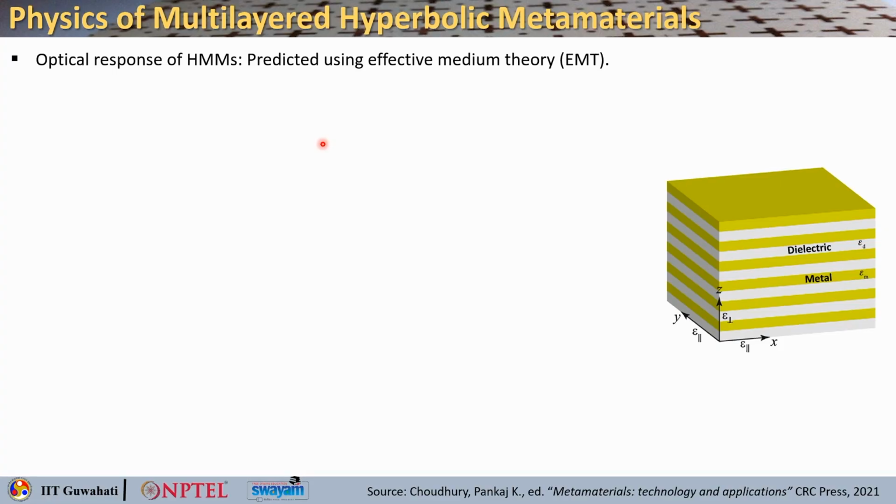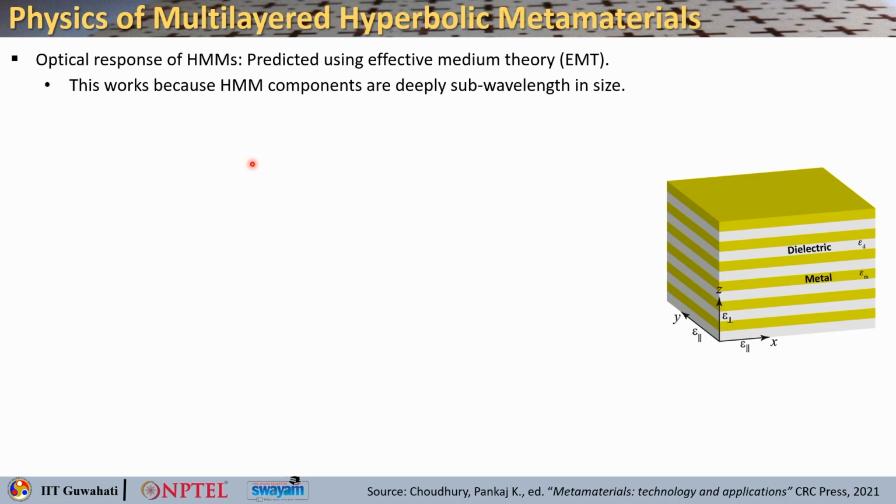So, with that, now let us look into the physics of multilayered hyperbolic metamaterials. First thing, the optical response of a hyperbolic metamaterial can be predicted using effective medium theory. This works because the hyperbolic metamaterial components are typically deeply subwavelength in size.